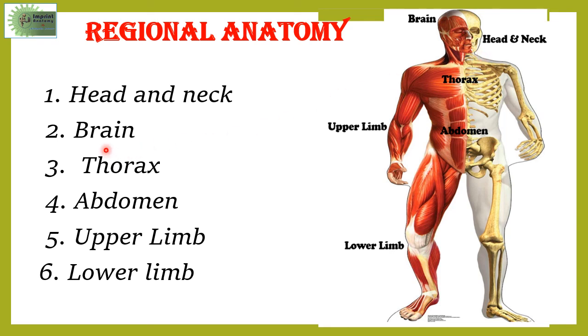Then yes, it also includes the brain, then the thorax region, then the abdomen, limbs, that is the upper limb and the lower limb. So this is the regional anatomy.